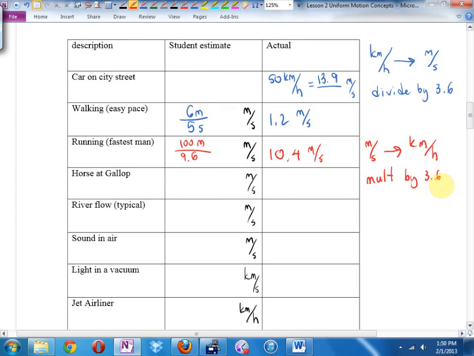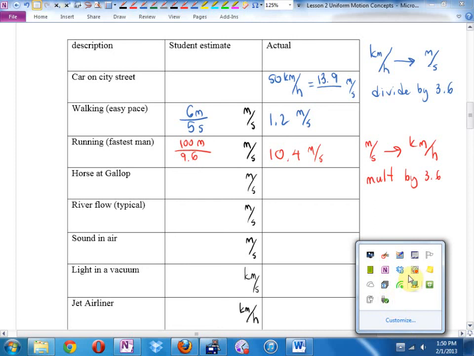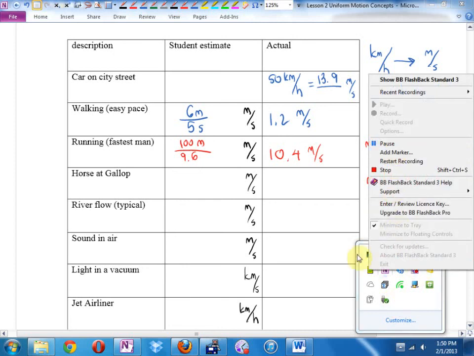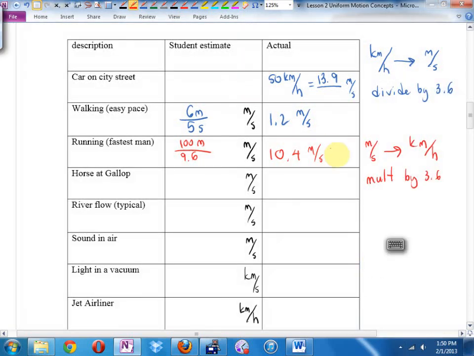What is that? 37.4? Put your pencils down. Oh, first of all, let's write that answer down. 37.4 kilometers per hour.